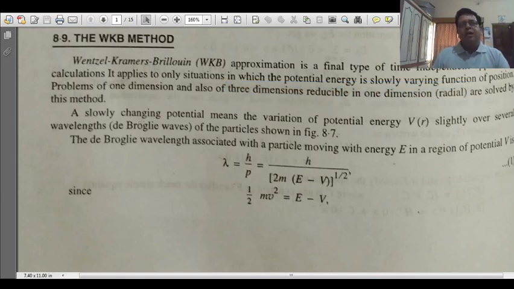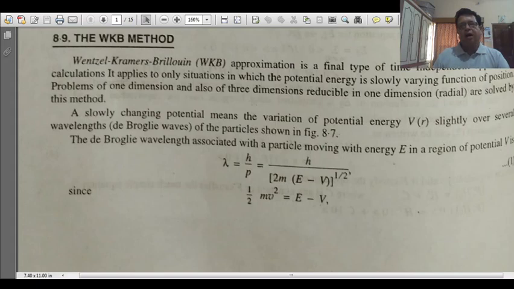Now, what is the meaning of slowly changing potential? A slowly changing potential means the variation in the potential energy V(x) is slight over several wavelengths, the de Broglie wavelengths of the particle.